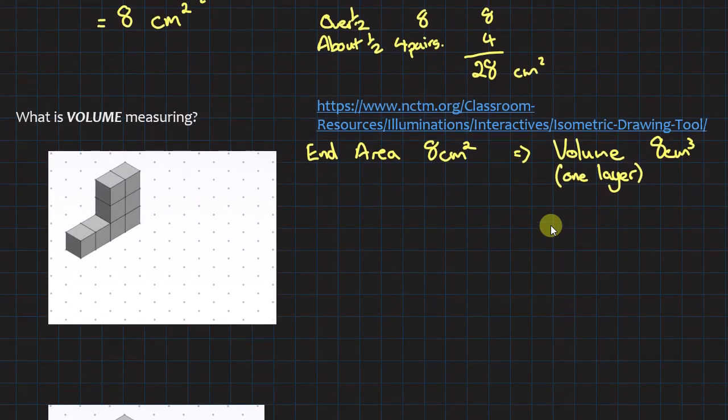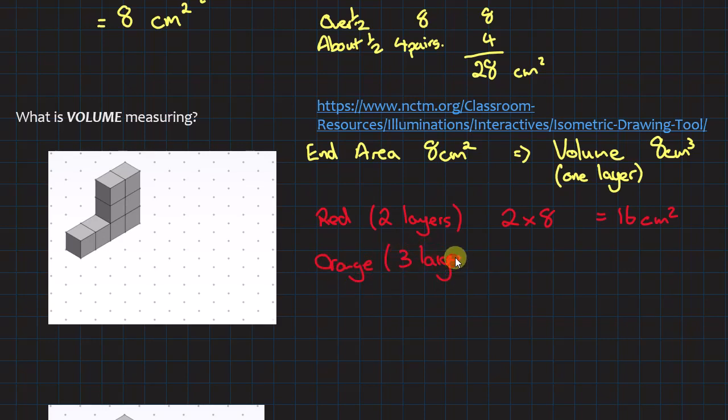So for 2 layers, which was red, we had 2 lots of 8, which was 16 centimeters squared. The orange one, that was 3 layers. And remember, these layers are of cubes.